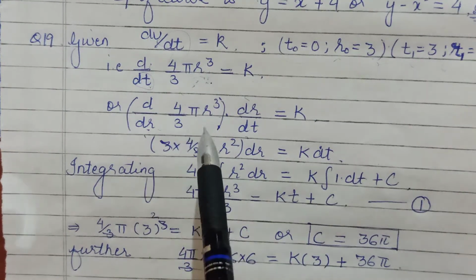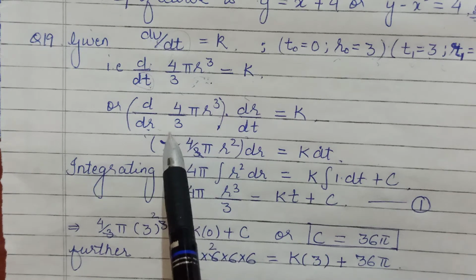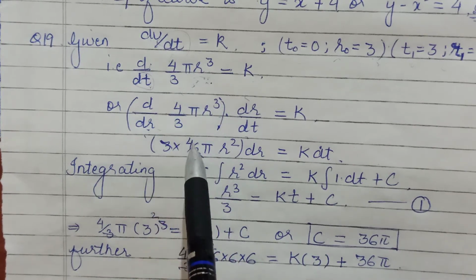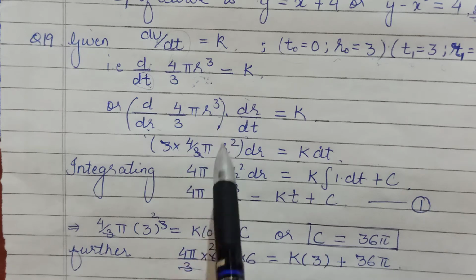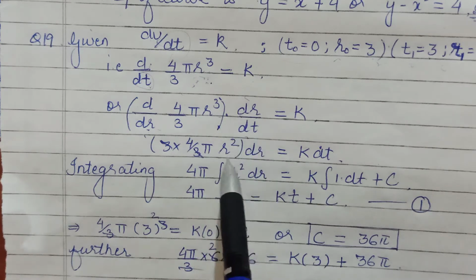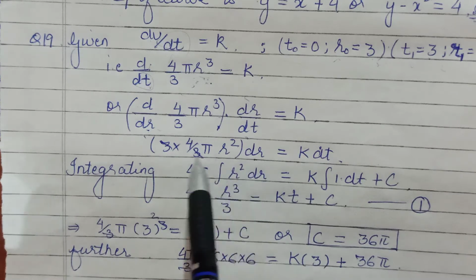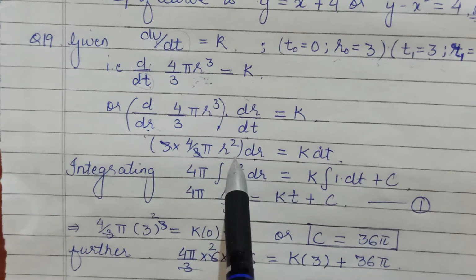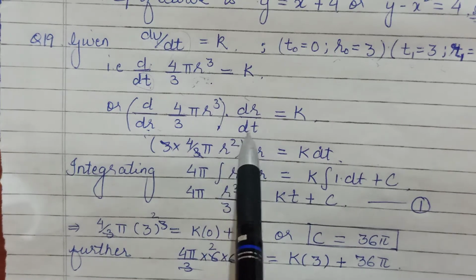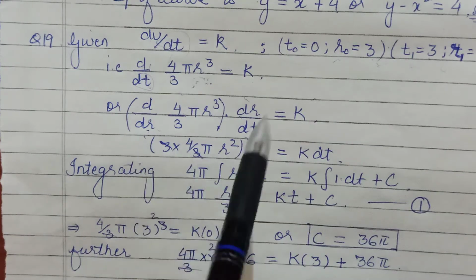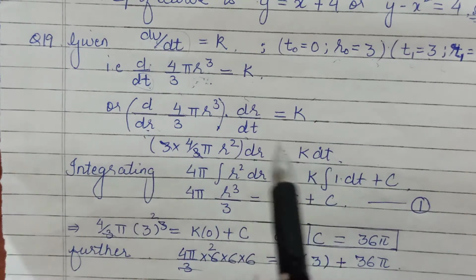Now differentiating this relation, 3 will come in front, so 3 and 3 will get cancelled. This becomes 4 pi r square dr dt. Since this is r, we keep it, and dr will integrate with respect to r, and dt will go there. Time has nothing else, so it comes with the constant.